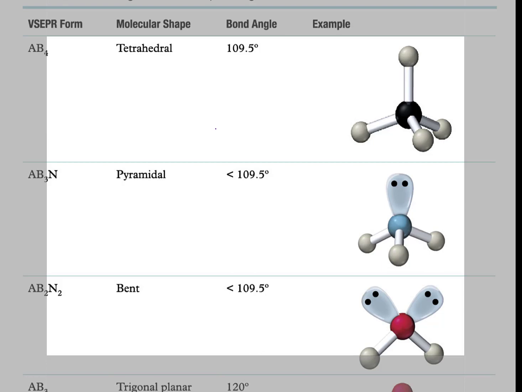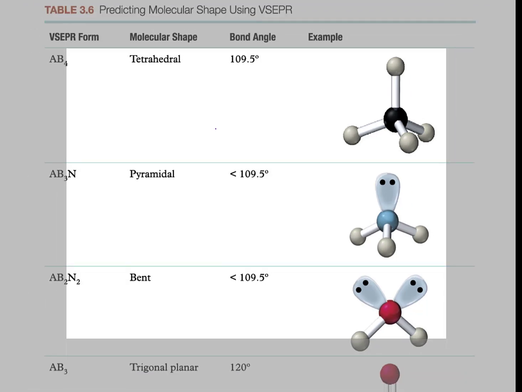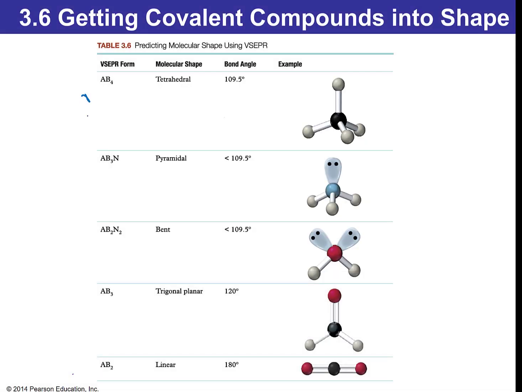And there was really a reason to go through this, because you're like, why do I have to know what these shapes are? Okay, and it all has to do with sharing of electrons. So just so you know, the CH4 is an AB4, and it's always tetrahedral. So their shapes are always in that format. Yep. So the AB3N, that is the pyramidal. Great example is NH3.